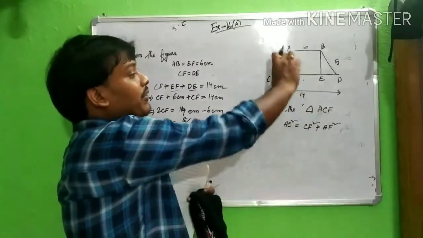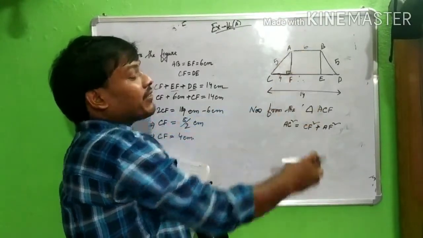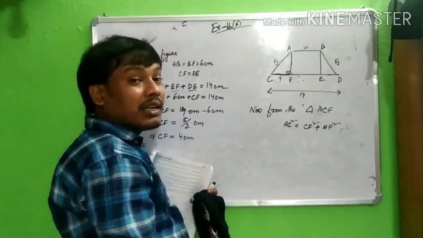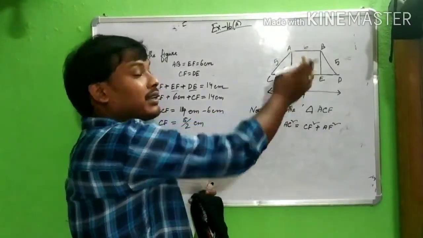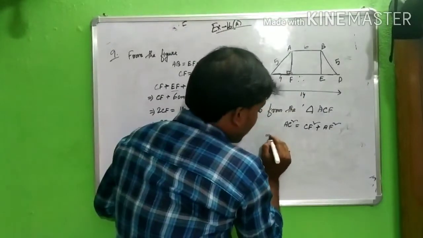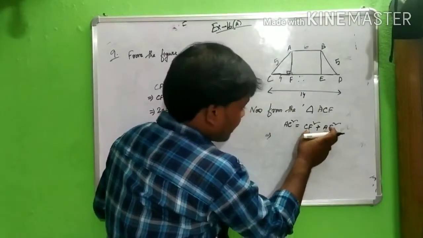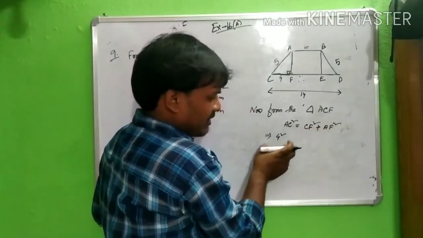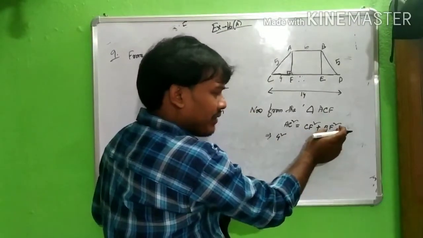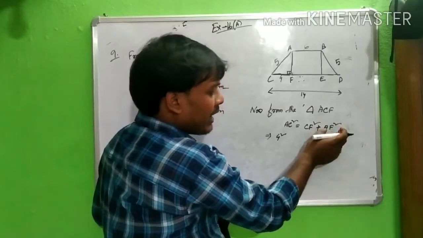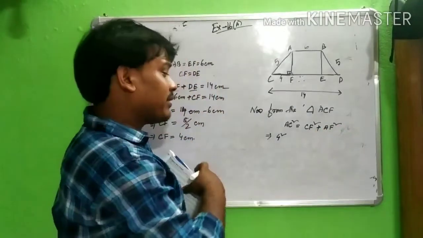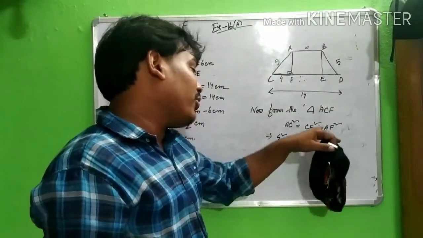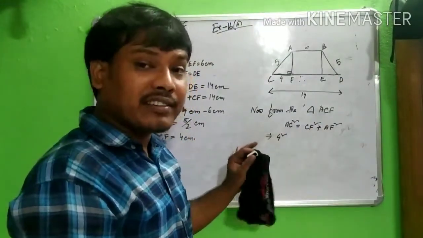If we find this AF, then we use the formula half into sum of parallel sides into height. So the value of CF is 4 square. Write this value on this side, because the unknown value which we have to find, we always write on the left hand side. Okay.